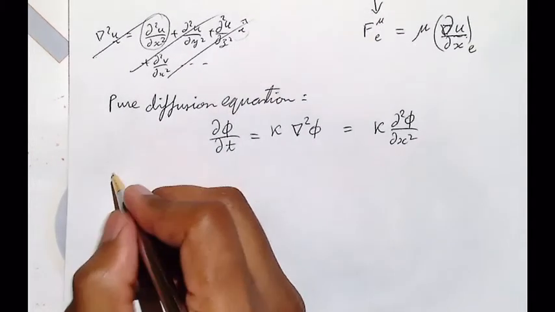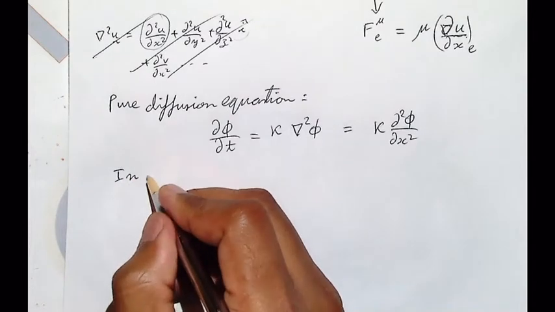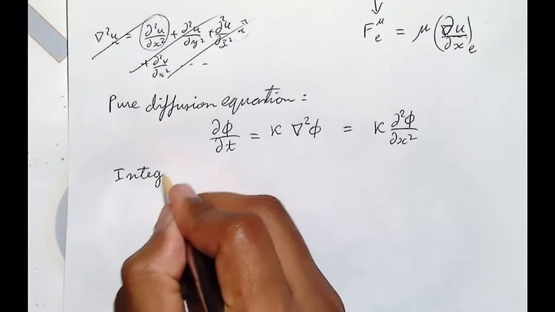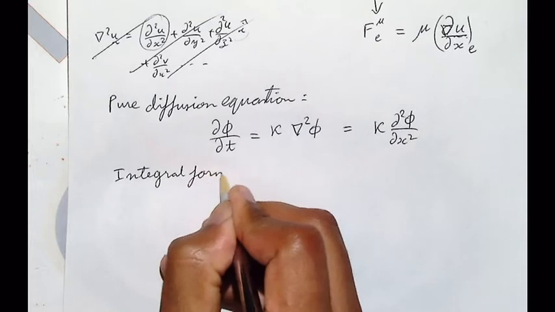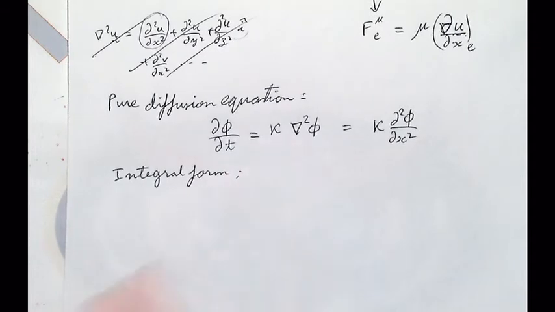Okay, and now let's do this in finite volume. This is the differential form. What would the integral form look like?